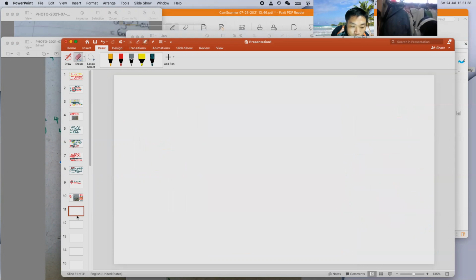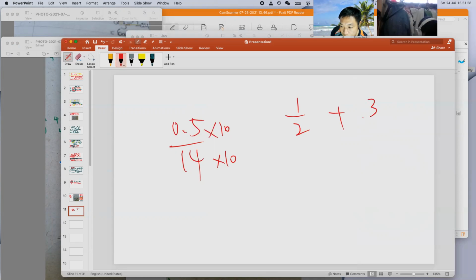And last time we talked about this before. Last time we had this. You remember last time? Questions like this. What I asked you to do. How do you simplify? You times 10, right? When you times 10 here, I asked you to write down times 10 below. You still remember last time I asked you how to do this question?